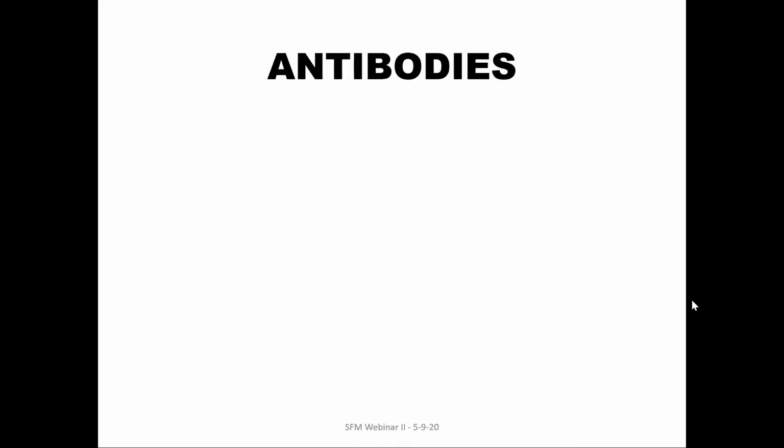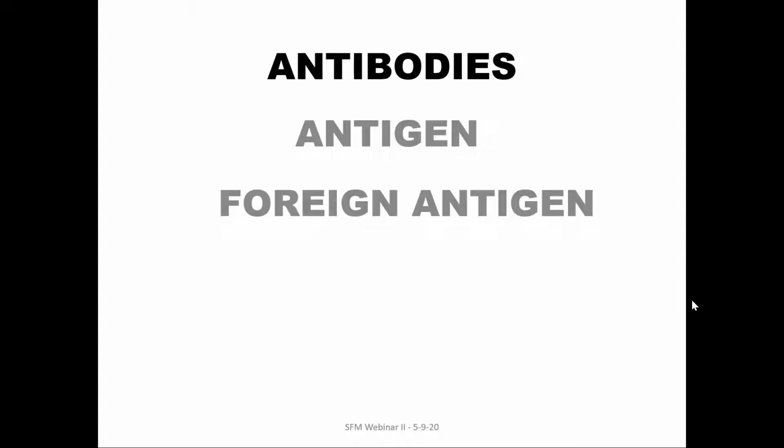Now, these antibodies have been produced, as we know, in response to an antigen. Most likely, a foreign antigen that entered this lady's circulation at some point in her life thus far and stimulated her reticuloendothelial system to produce antibodies.